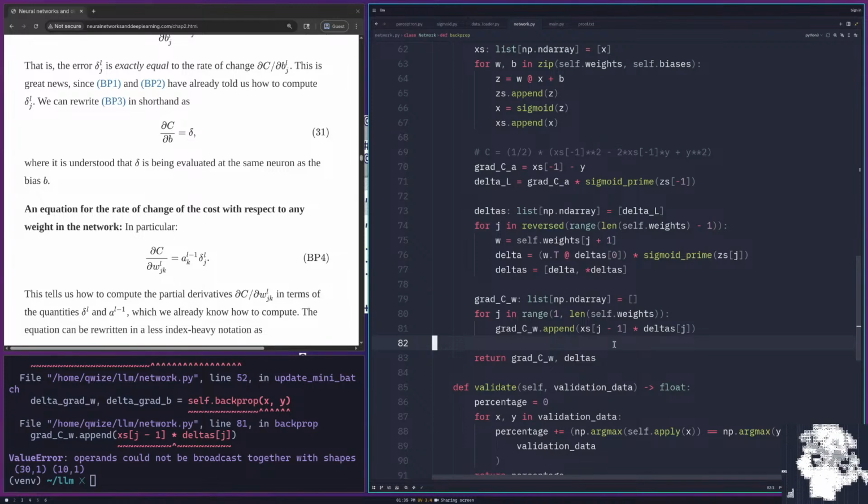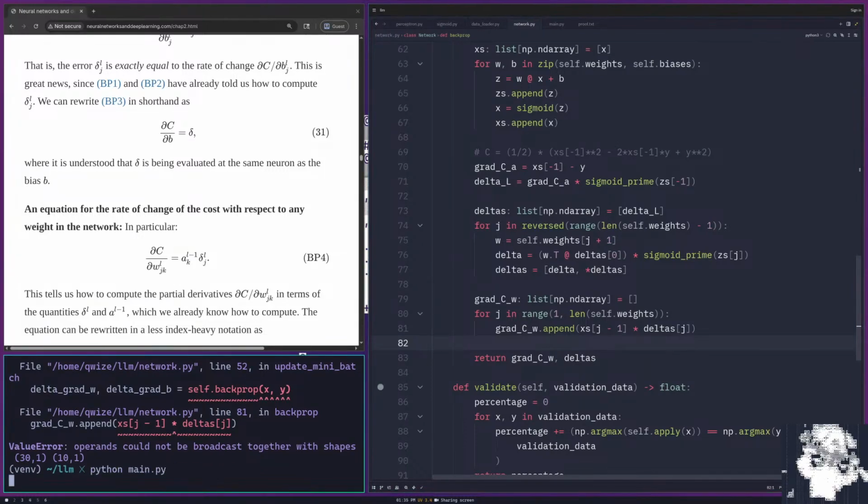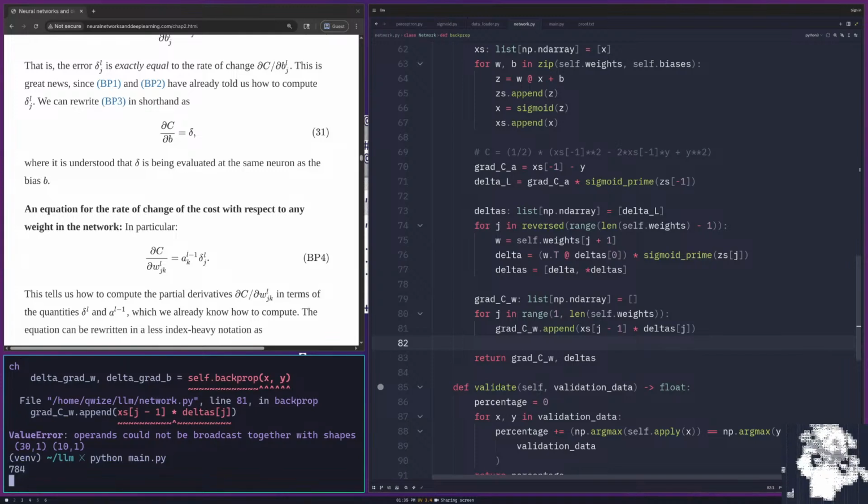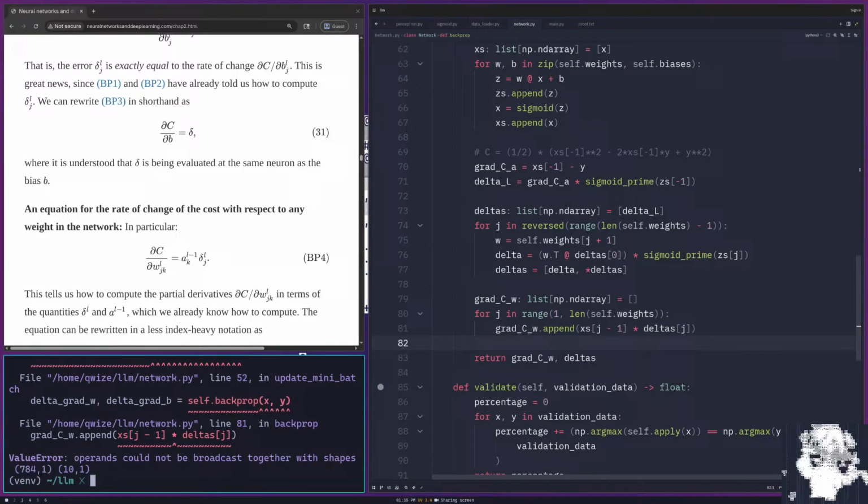So maybe this can work. This is the input and this is the output. So I'm really doing this backwards somehow.